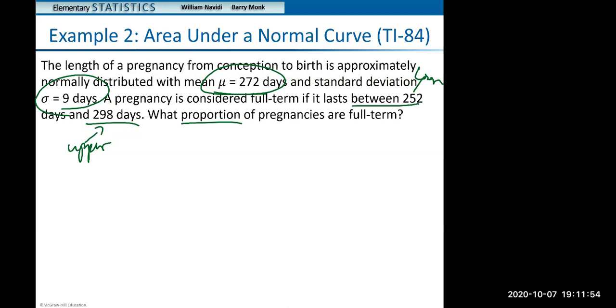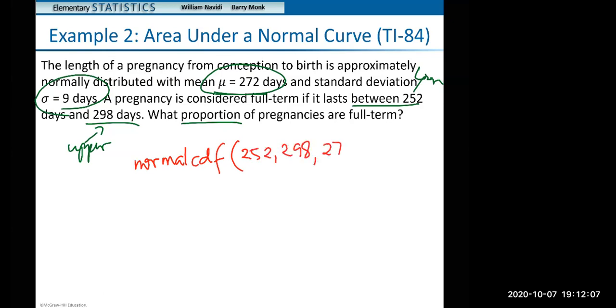Second, normal CDF. So this time it should be 252, 298. Mean is 272 and standard deviation of 9. I got 0.9849. Did you all get the same answer?